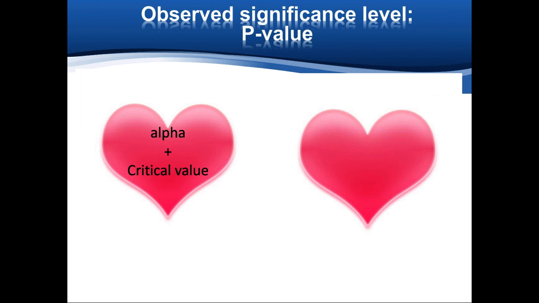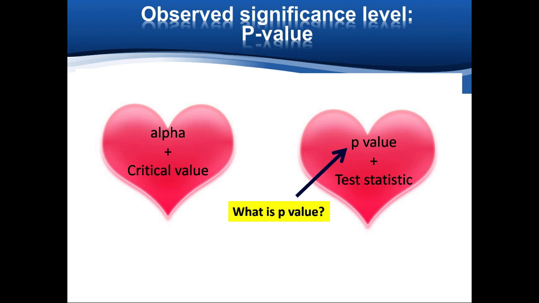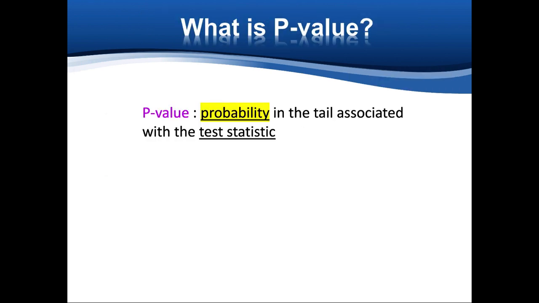Here is another method to make a decision, using p-value and test statistic. So, what is p-value? The definition of p-value is the probability in the tail associated with the test statistic.